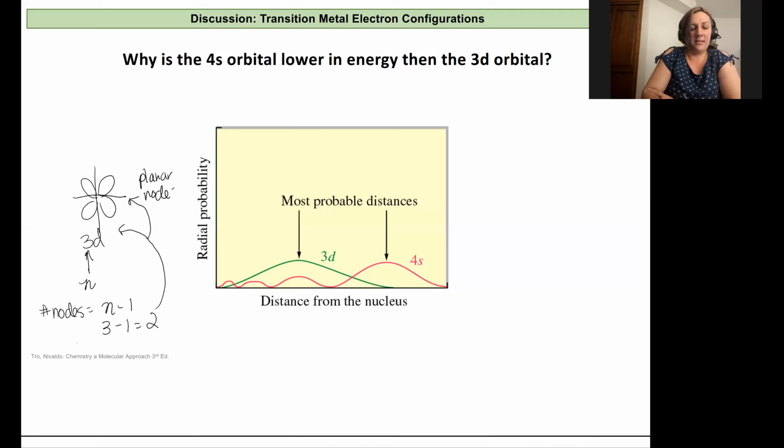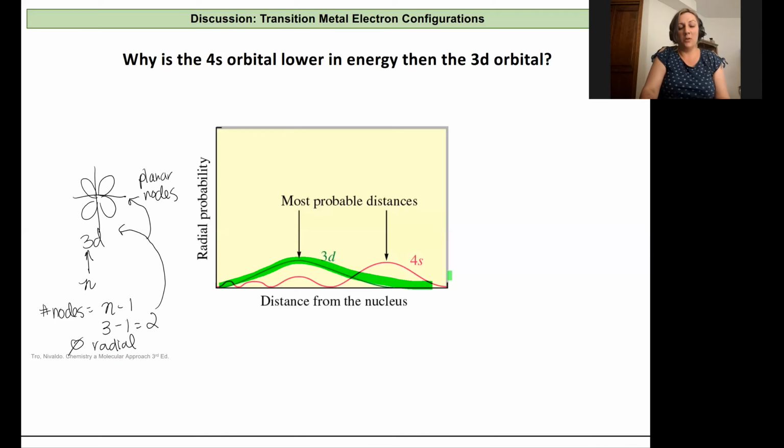So we have 0 radial nodes. That means that there's no radial distribution of 0 electron density within that orbital. And so we can represent the probability of finding an electron relative to the nucleus with this single Gaussian curve right here that trails off.